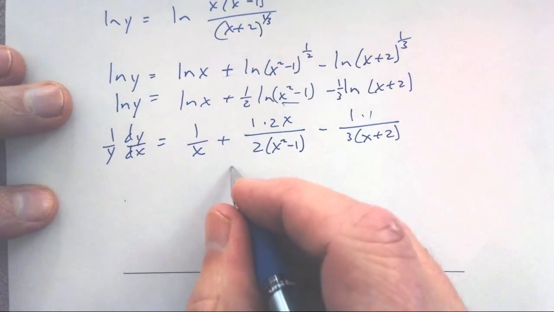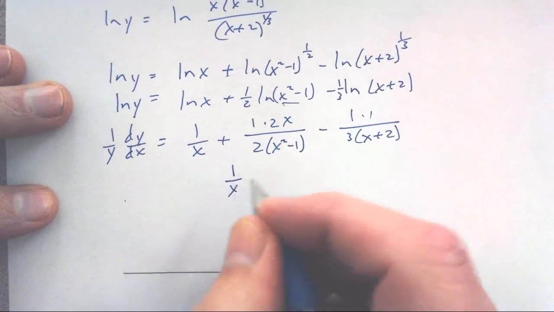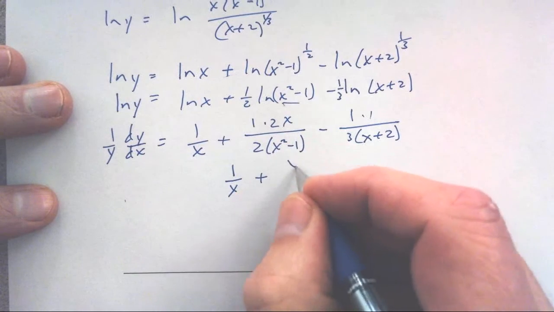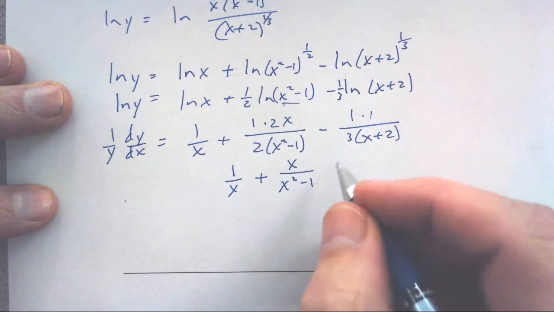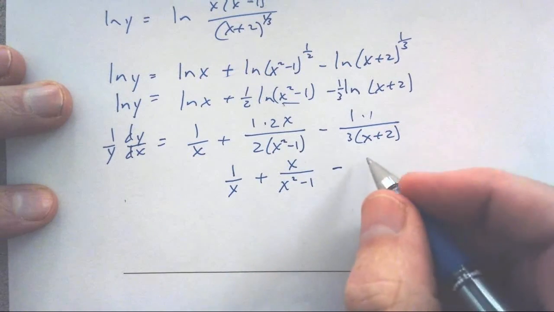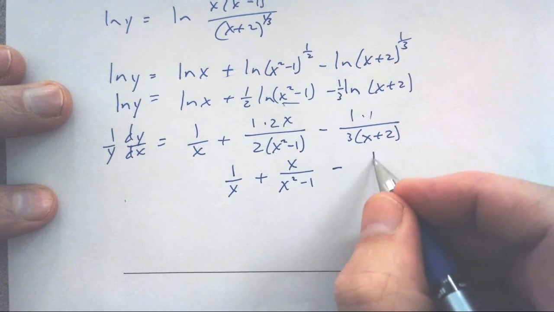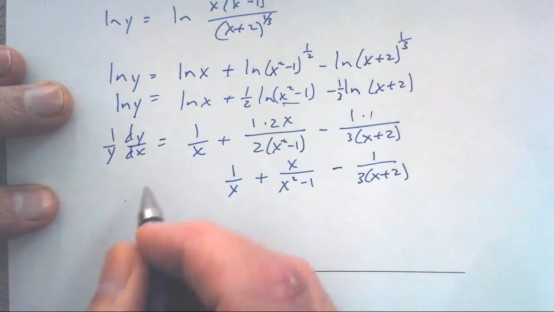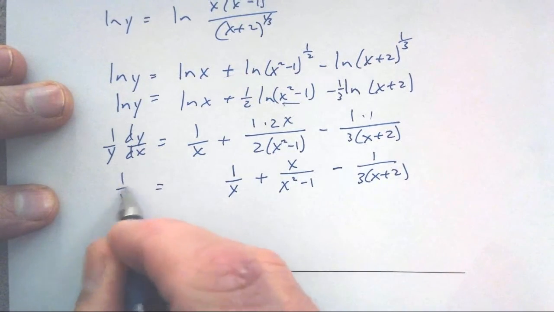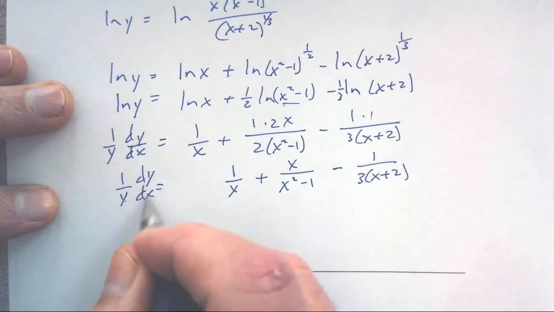So I get 1 on x, plus the 2's cancel, x on (x squared minus 1), minus 1 on 3 times (x plus 2), equals 1 on y dy dx.